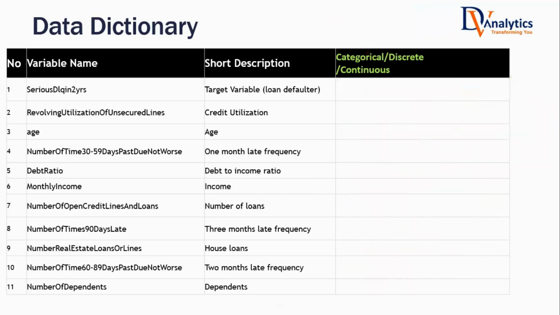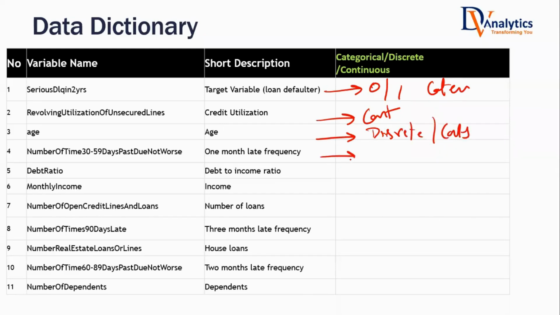Let us quickly go through once again. Serious delinquency in last 2 years. It's categorical or discrete. If it is 0, 1, we will say discrete or categorical. Credit card utilization percentage, monthly utilization percentage: continuous. Age can be both discrete and continuous, depending on how the data is. 1 month late frequency: discrete.